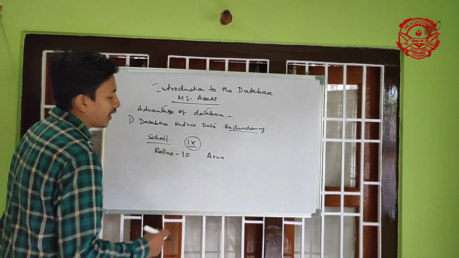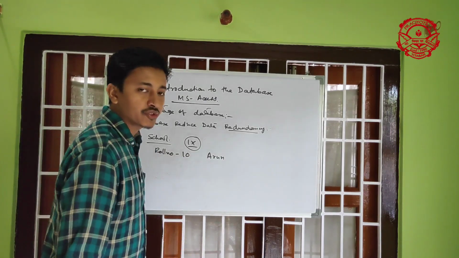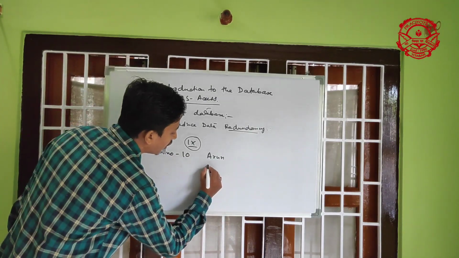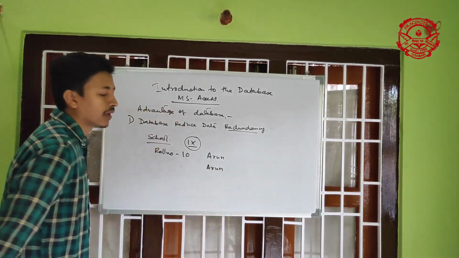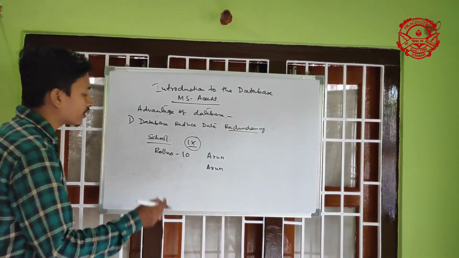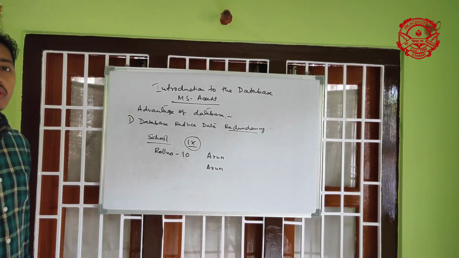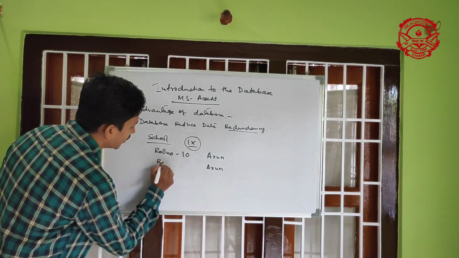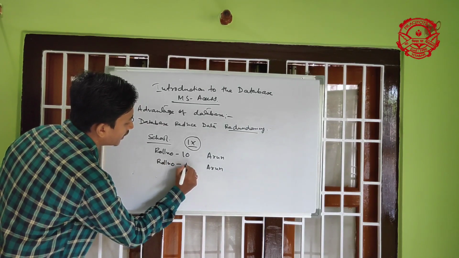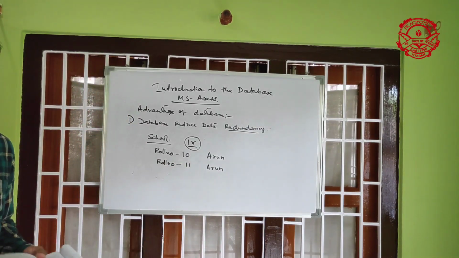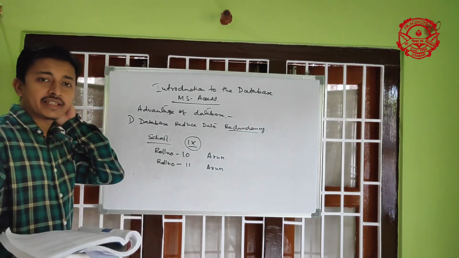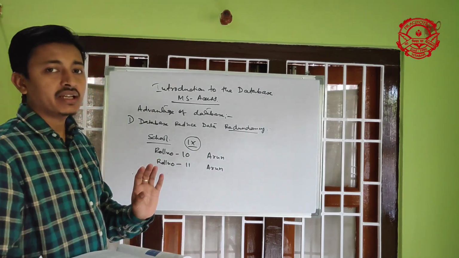For example, one other student, his name is also Arun, but his roll number is not the same as the previous Arun's roll number. His roll number should be 11. So the database reduces data redundancy.